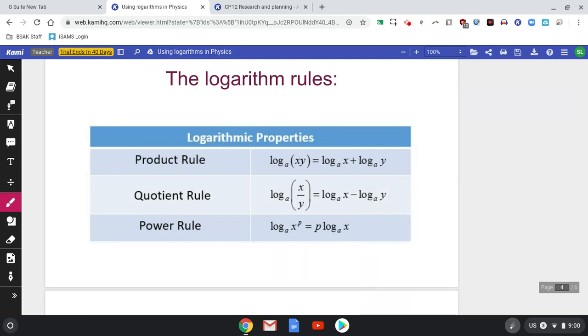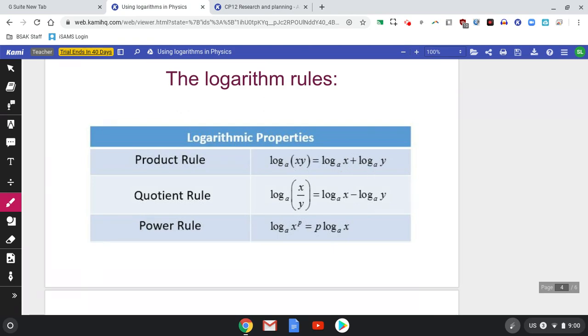The first one, they call it the product rule. That's what if you have the logarithm. Now it says to base 8. These 3 rules and all the log rules work for all the bases. So this base could be any number, which is convenient because we only want log to base 10 or log to base e. Okay, so the base is unimportant, but it has to stay the same.